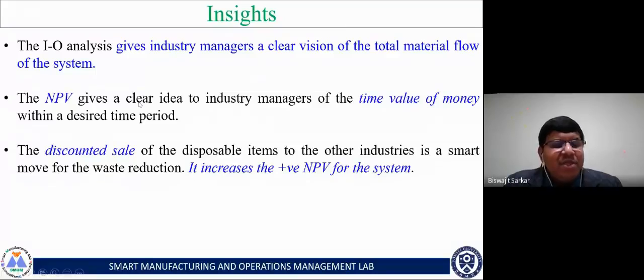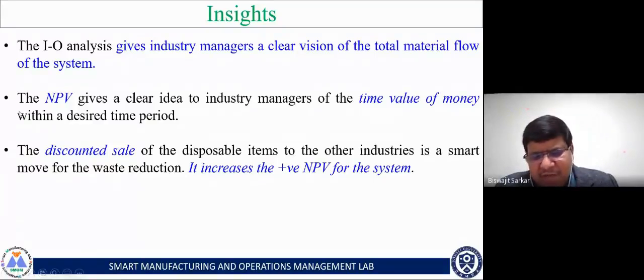and this NPV gives a clear idea to the industry manager of the time value of money within the desired time frame, because we consider inflation there. And of course discounted sale is used for whatever is disposed and cannot be used again for anything. So a little bit of discounted sales are there for remanufactured products.